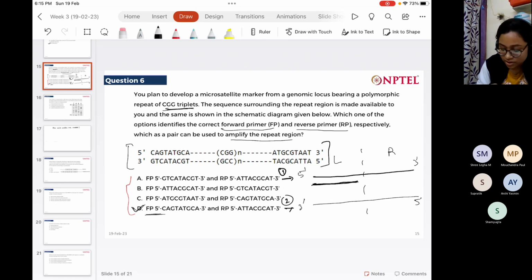Arshia has given the correct answer, but you can see that the forward primer is not complementary. It is exactly the same sequence.